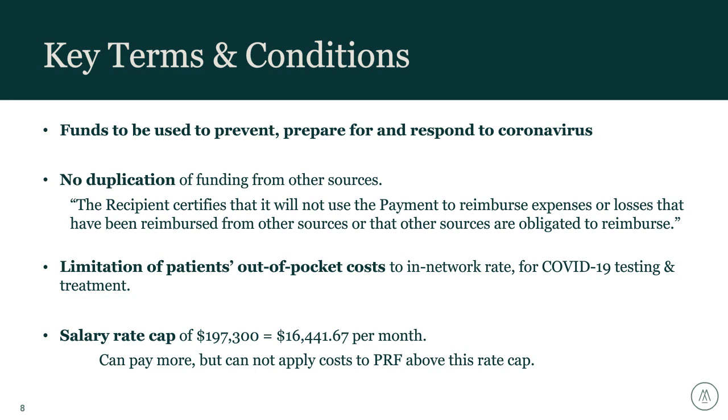So if you are using provider relief funds toward salaries, you can still pay your employees more than this, but you cannot count more than that threshold toward these federal dollars. So, we'll talk about kind of a tracking document and preparing for documentation, but keep in mind if you're using this for salaries that you might have to do kind of a modified eligible salaries calculation.